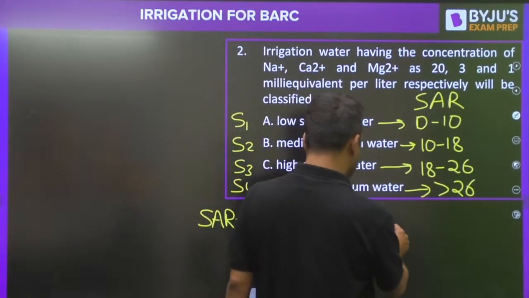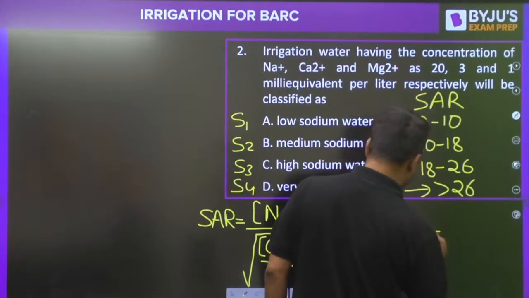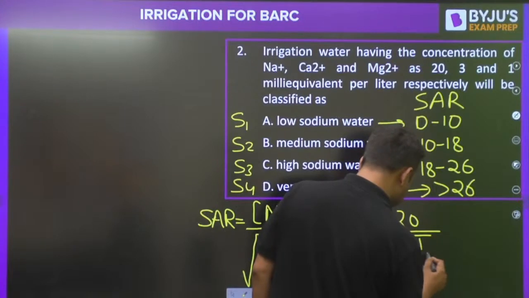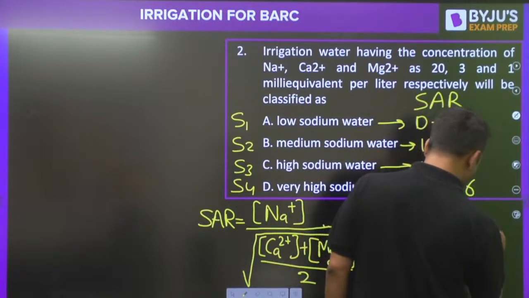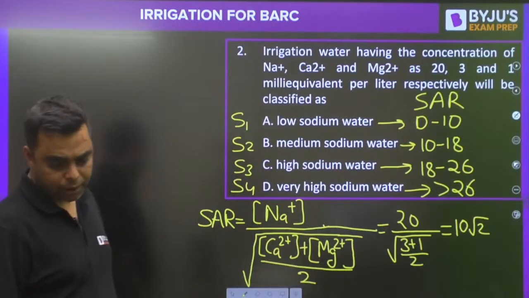So this value will be equal to 20 divided by the square root of (3 plus 1) divided by 2. Right? So it will be 10 root 2, and the value of root 2 we know is 1.414.